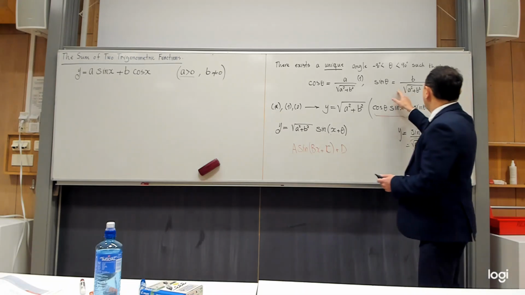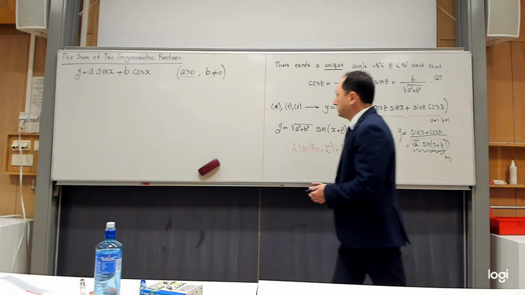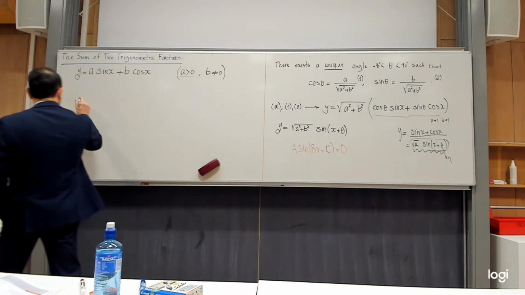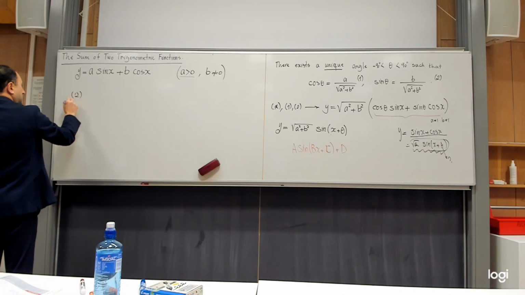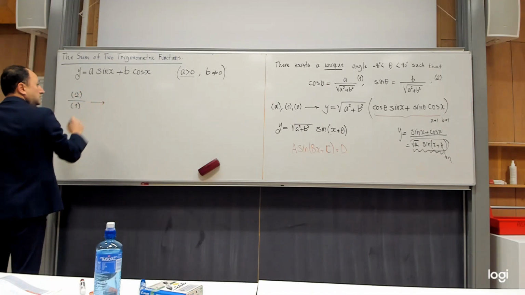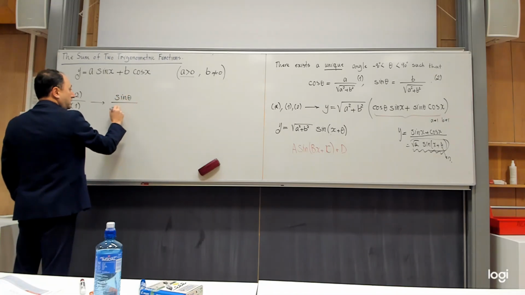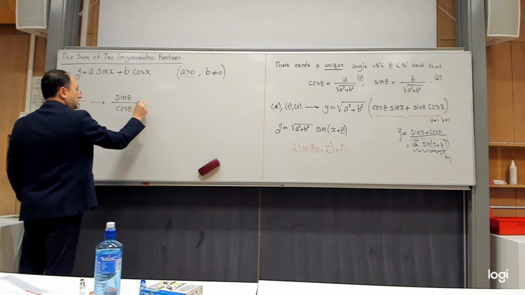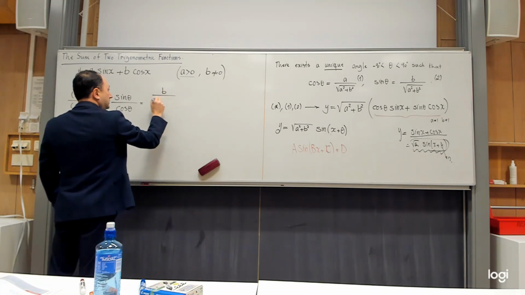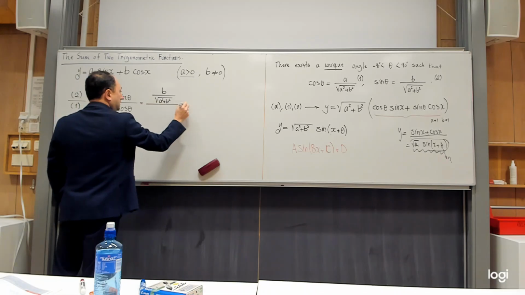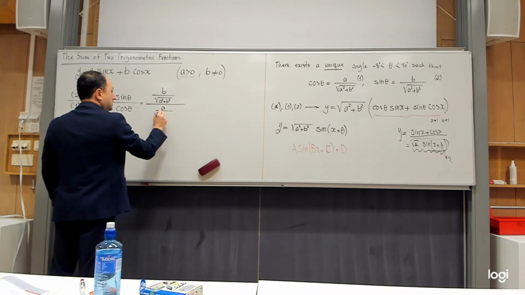Here, I divide 2 by 1. Okay, so let us just divide 2 by 1 side by side. What happens? It becomes sine theta divided by cosine theta is equal to b over square root of a squared plus b squared, and then a divided by square root of a squared plus b squared, yes?